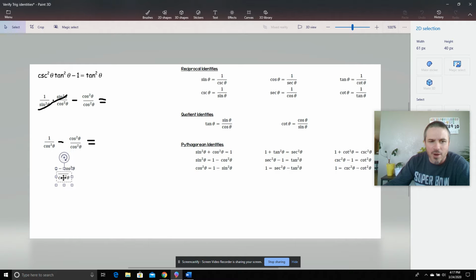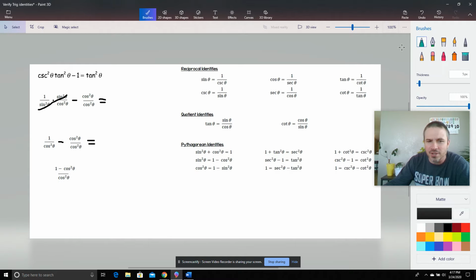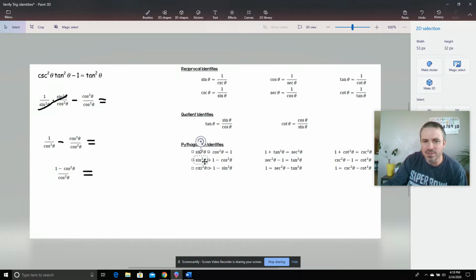Okay, so this is now what my left fraction looks like. Again, always remember what you're trying to make. I'm trying to make tangent squared. So I'm close. I got cosine squared on the bottom where I need it. I need the top to be sine squared. And sure enough, I go look at this version over here, this version of the Pythagorean identity that says 1 minus cosine squared is the same as saying sine squared.